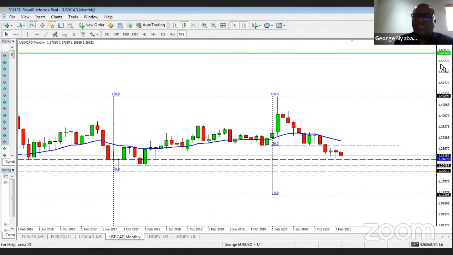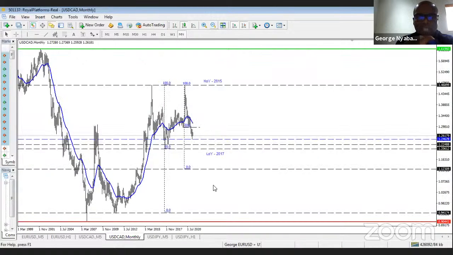How far is this going to go? What's the potential? What's the market trying to get to? Where the market is trying to get to is the measured move of this trading range, this double bottom and that high, and that will bring us to this level, down to 1.2309. So that's where the market may be trying to get to.